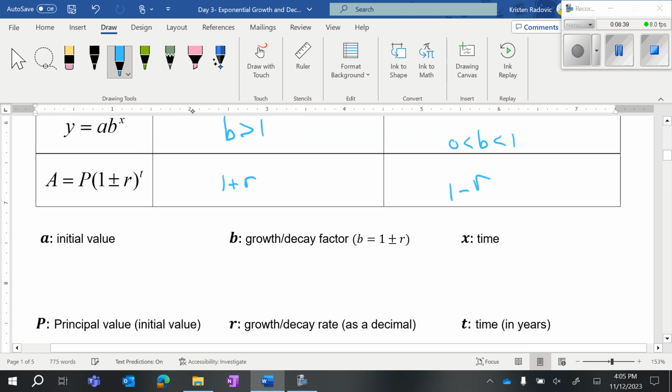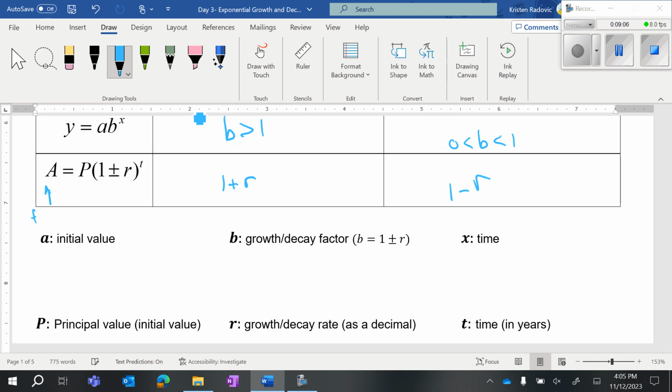We're going to go into it more. But what we do need to know is A is your initial value. Your B is the growth or decay factor. X is your time, or usually T is going to be your time in years. R is your growth decay rate. And P is called your principal value or your initial value. It's just that in word problems, sometimes they call it the principal amount.